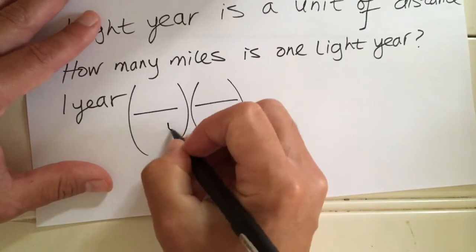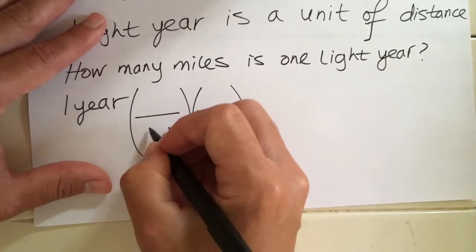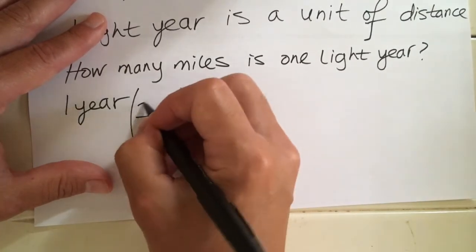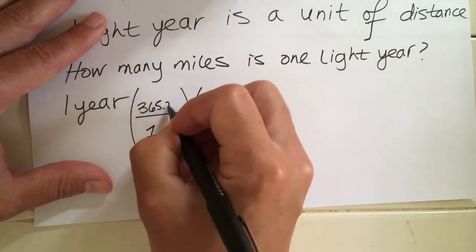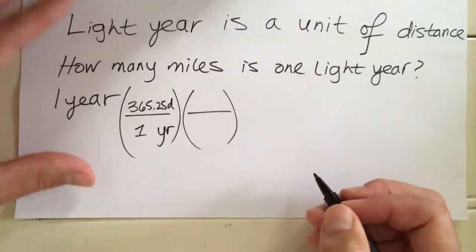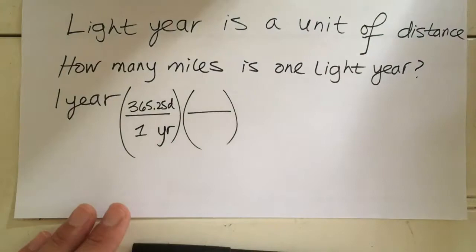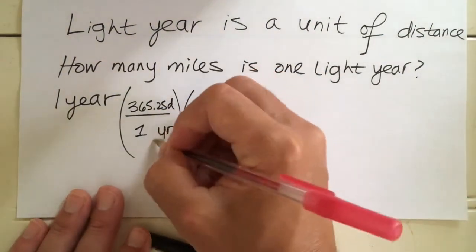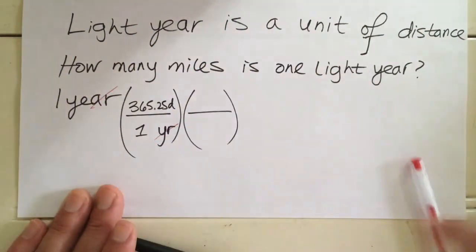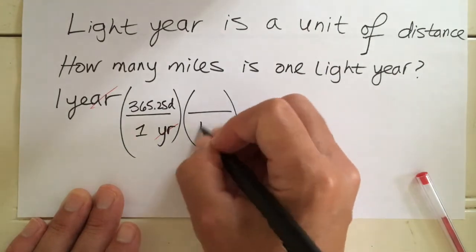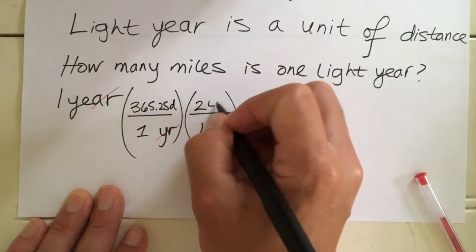So we're saying that years are going to go on bottom. 1 year is 365.25 days, right? And we can go ahead and cancel off our years. Now we're in days, so 1 day is going to equal 24 hours.